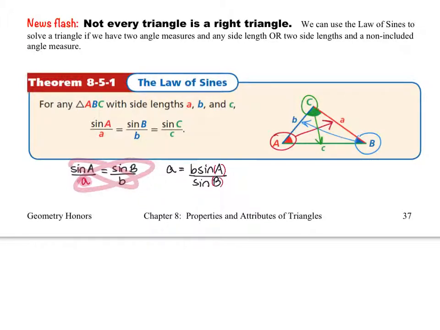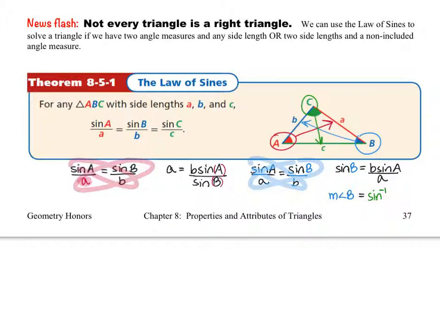We can also use the law of sines to find a missing angle measurement. Imagine that angle B is our unknown and what we want to solve for. We start out with the same proportion and then we use cross multiplication, solving for the sine of B. We end up with sine of angle B is equal to side length B times the sine of angle A divided by side length A. Well, we're not done yet because we don't really want the sine of angle B, we want the measure of angle B. So we need to take the inverse sine of both sides.